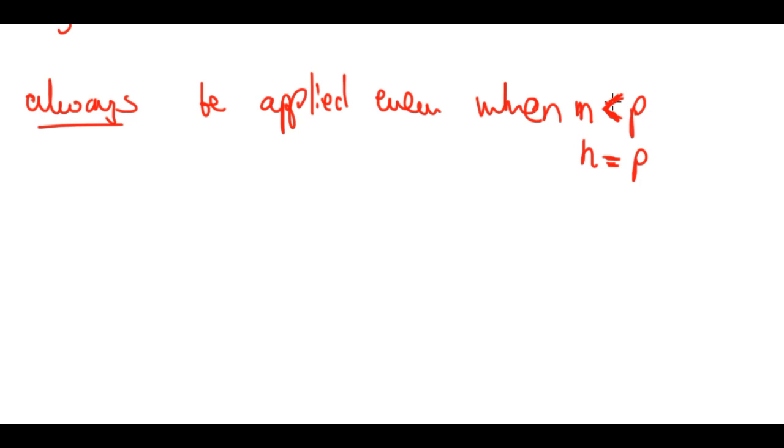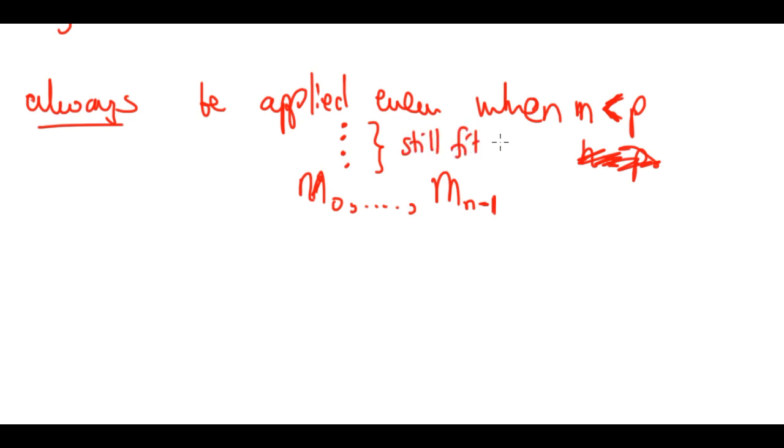But I think forward selection can always be applied. Yeah, you can always apply it for M. So it's going to be M0 all the way up to M(n minus 1). So you cannot apply it to M equal to p. So you can always apply it to M(n minus 1). So you can get to these steps because you can still fit your least squares.